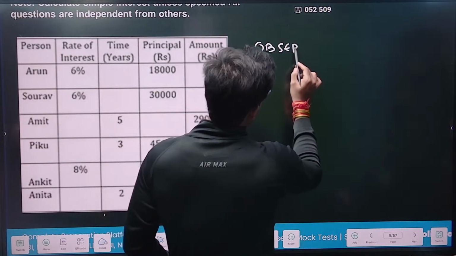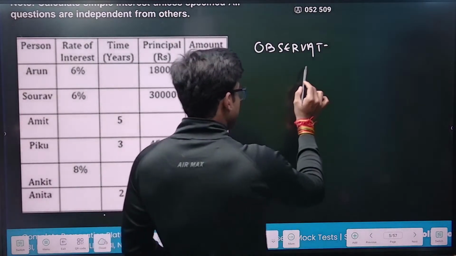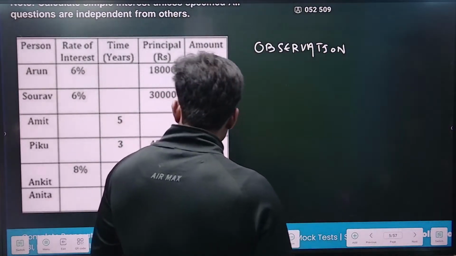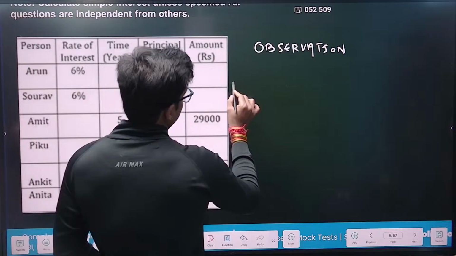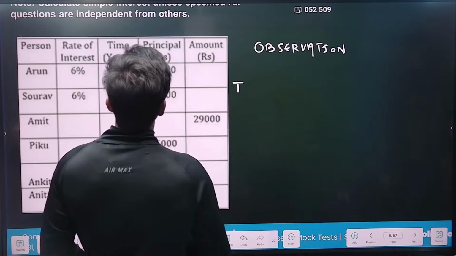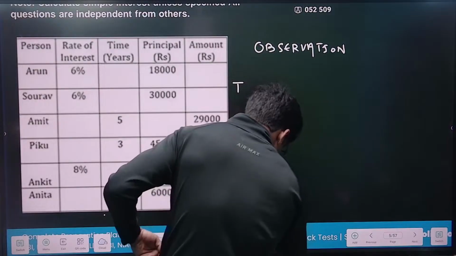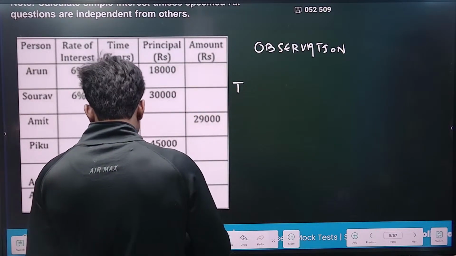What does your observation say? If your observation is correct, they can ask you the time period. And they can also involve compound interest as well. In this question, first of all, they can ask you the time period. They can ask you ROI.